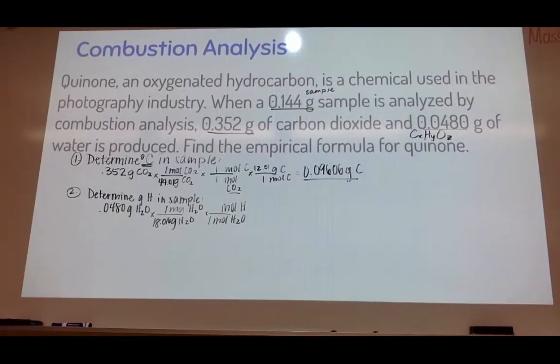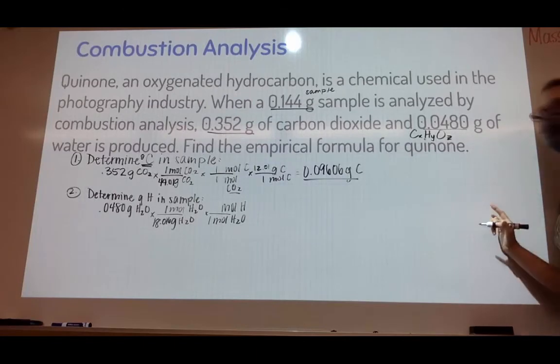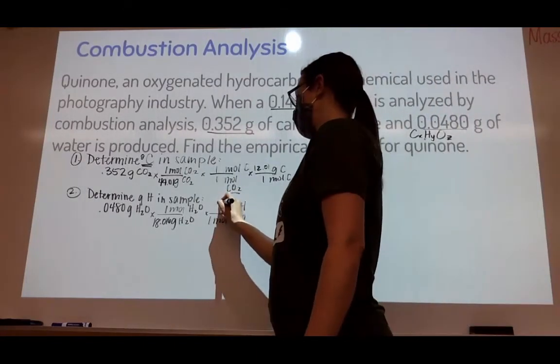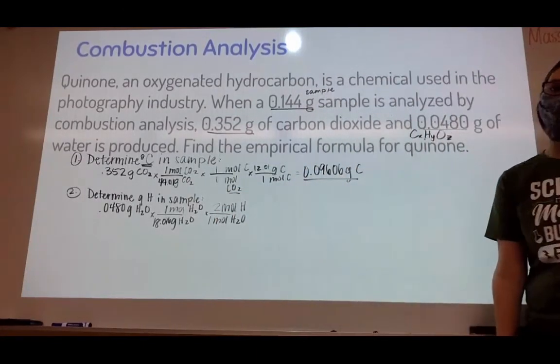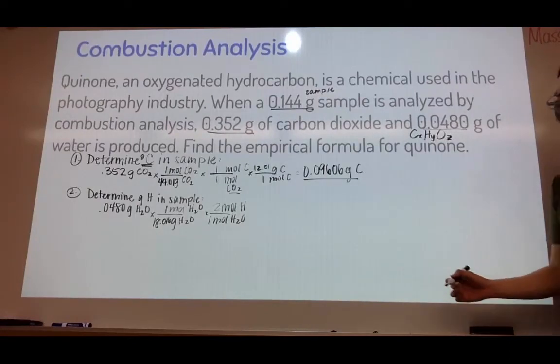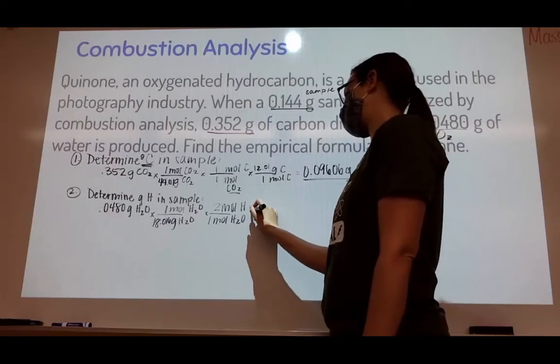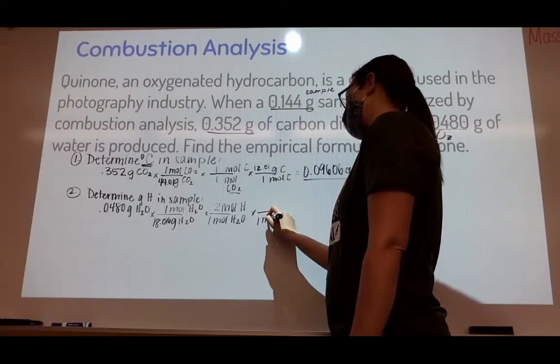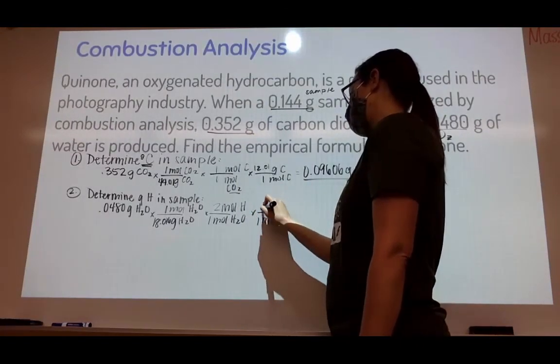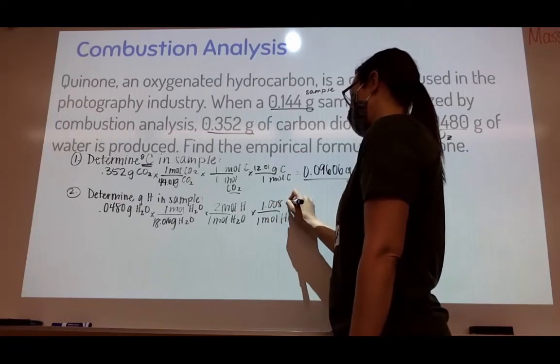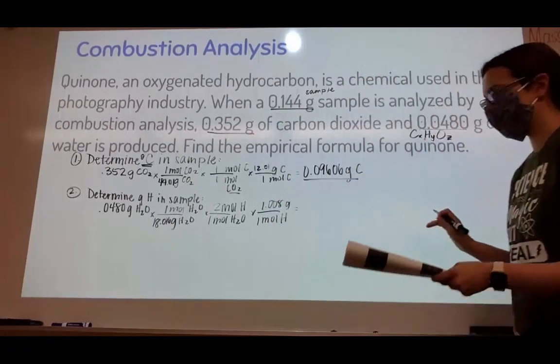In 1 H2O, how many H's are there? 2. So this is not just a 1-to-1 ratio. There are 2 moles of H for every 1 mole of H2O. And then hydrogen has a molar mass of 1.008 grams.